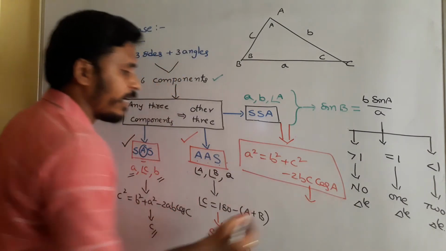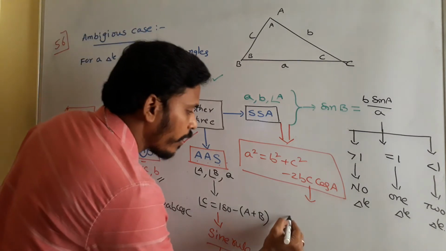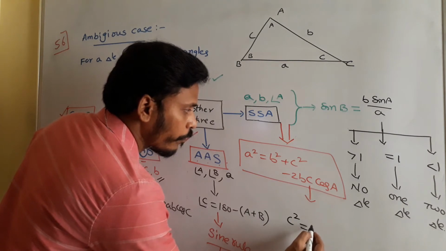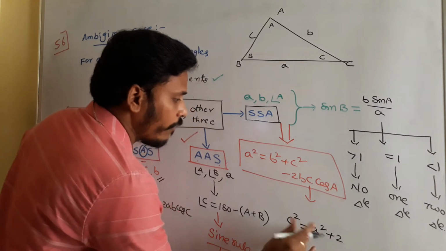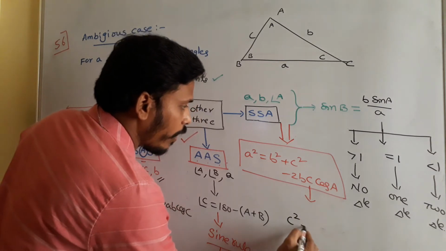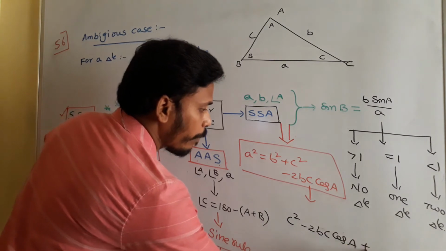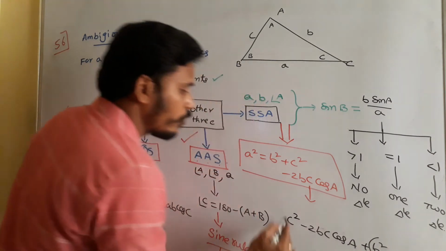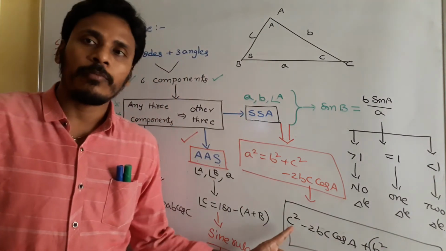I can rewrite it as a quadratic in terms of C: C square minus 2BC cos A plus B square minus A square is equal to 0. This is a quadratic in terms of C.